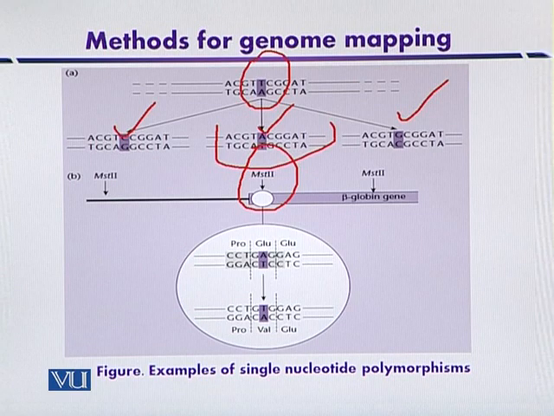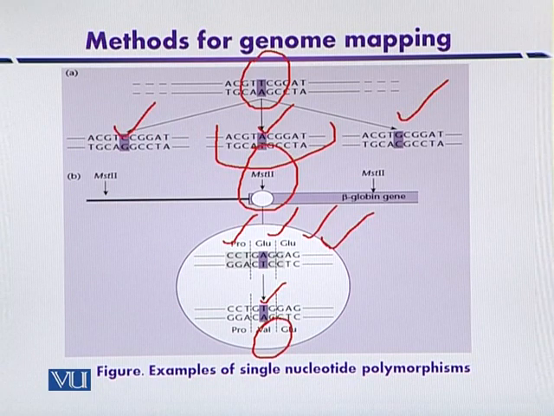Like here in the lower diagram, which is diagrammed in a circle, a 3 amino acid sequence has been shown, like proline, then glutamic acid, and here A is replaced with T. Here in the lower strand, T is there in place of A, so that now in place of glutamic acid there is valine in the center.